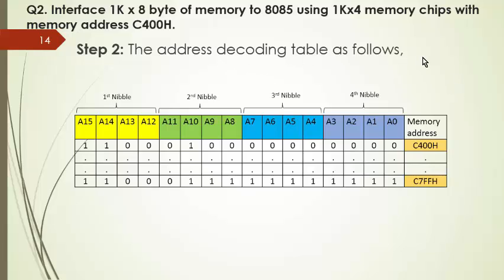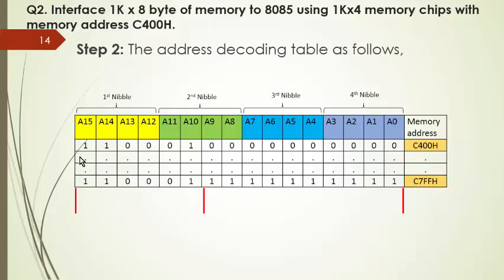In the question the memory address is given as C400. In binary you write C as 1100 and 4 as 0100, then in the third and fourth nibbles you write 00000000 as the starting address.